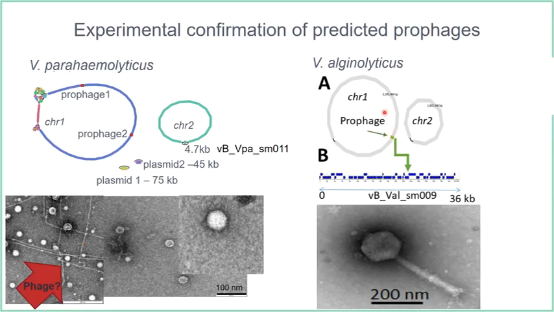So we have one prophage that was induced, we get a really clear image of the virion, and we were also able to sequence the virion particle and confirm exactly where it inserts. We did some experimental work to confirm just a small number, so we've only confirmed 3 within the lab. But all 3 of these represent new species of vibriophages that hadn't previously been described.